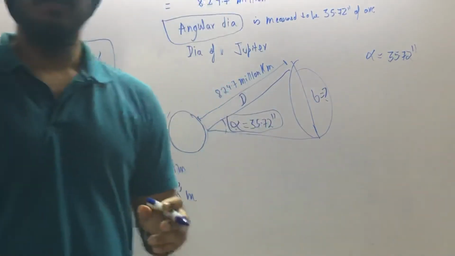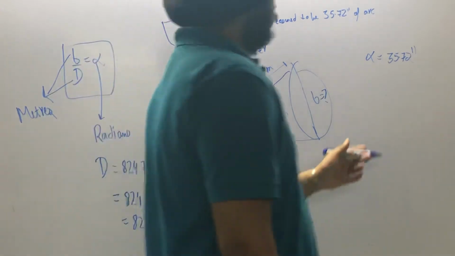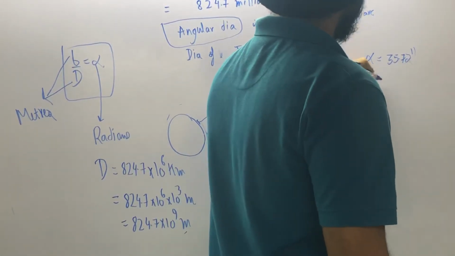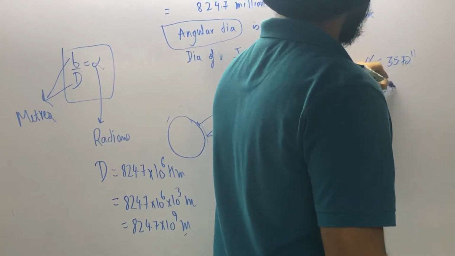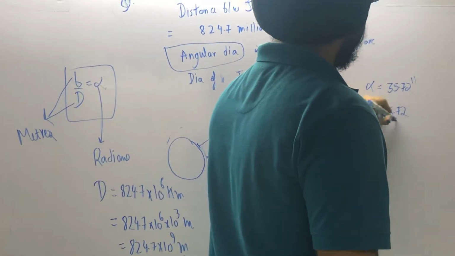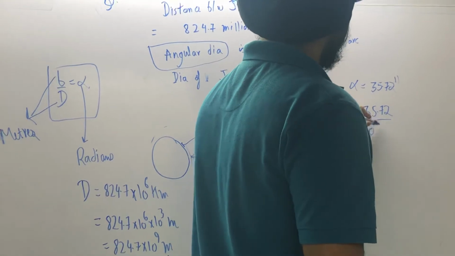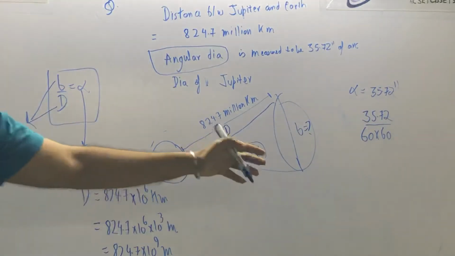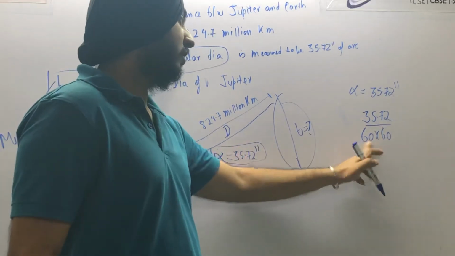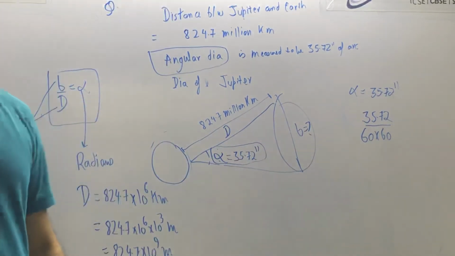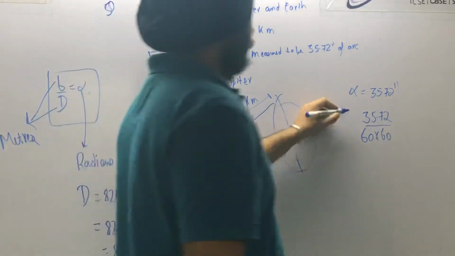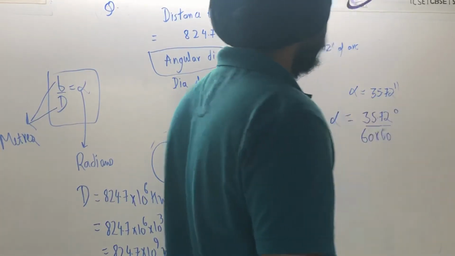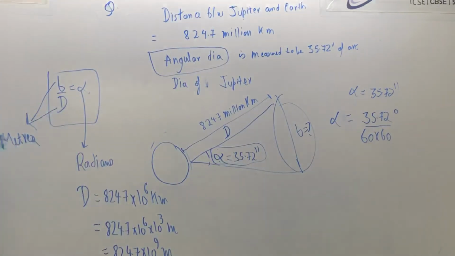It is in seconds, so just divide it by 60 into 60. This 60 converts to minutes and this 60 converts to degrees. Now you will get something. This is the value of alpha in degrees.